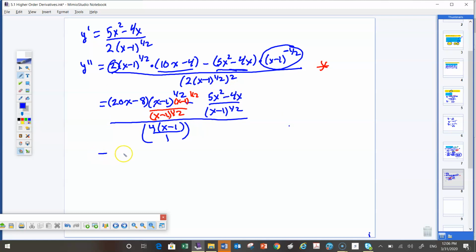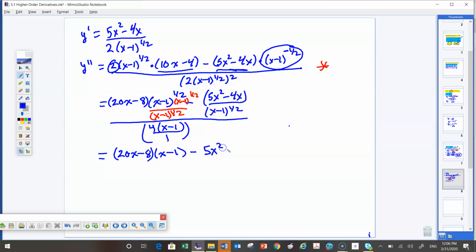So my 20x minus 8 hasn't changed. The x minus 1 to the 1/2 times x minus 1 to the 1/2 is just going to become x minus 1. And again, I should have brackets there because when I subtract, I have to distribute the negative sign to both of those terms.